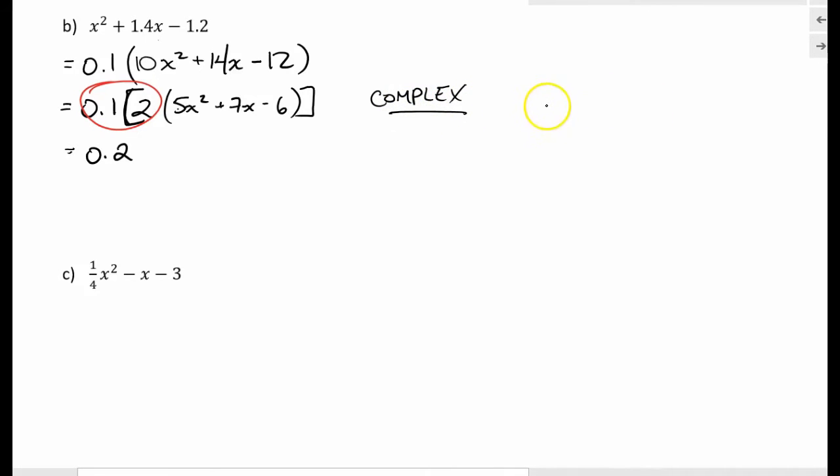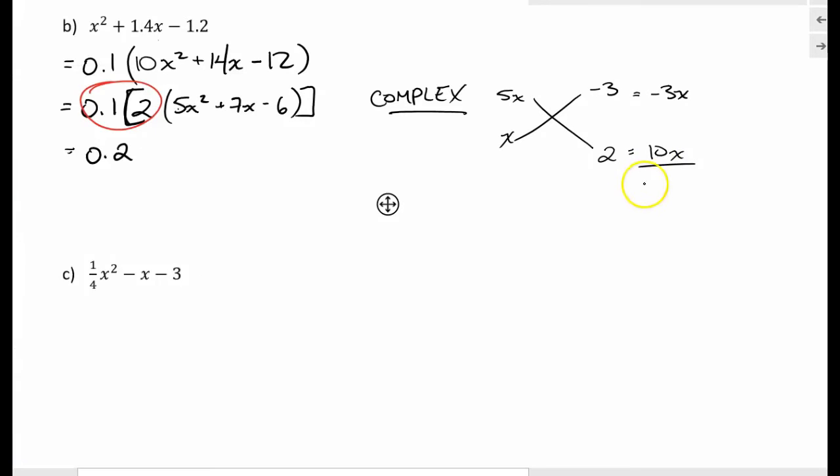So I'm just going to work with it on the right-hand side here. And so using my crisscross method, I've got 5x times x, and I need to somehow get to 7. But I need to be subtracting here. So maybe if I have positive 2 and negative 3 to give me 6. So let's check it out. We've got negative 3x and 10x would give me my positive 7x.